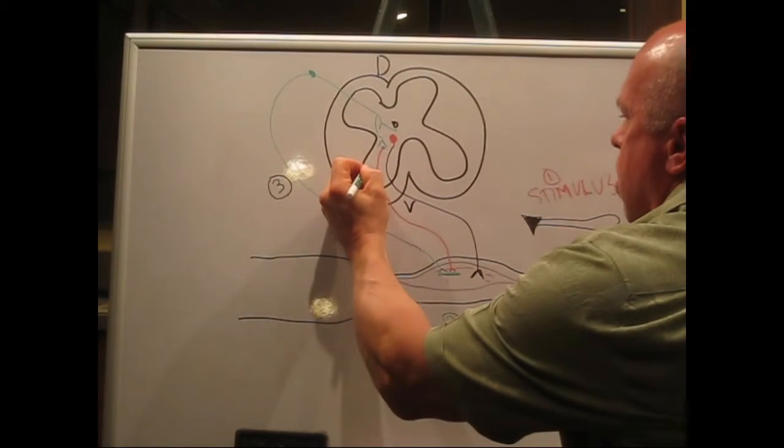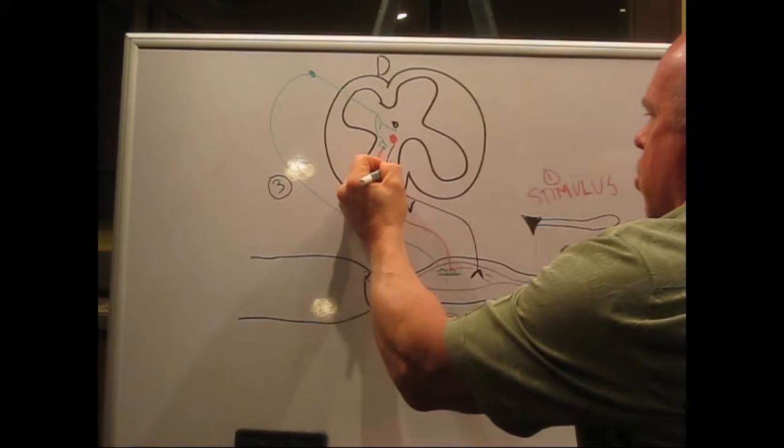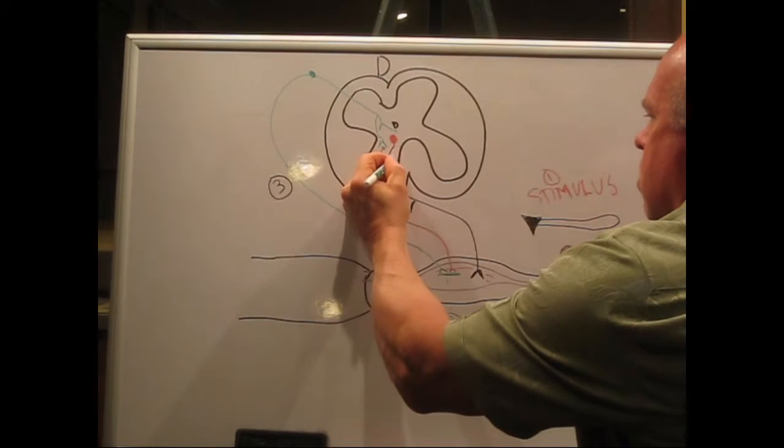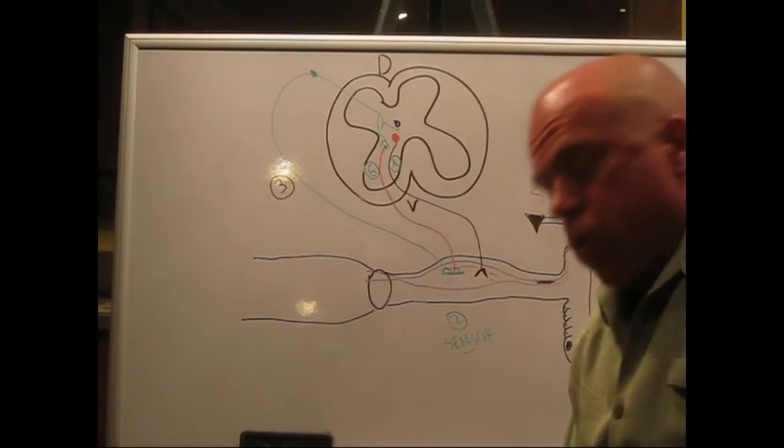Okay, these motor neurons are the gamma motor neurons. These motor neurons that innervate the gastrocnemius are alpha motor neurons, the larger alpha motor neurons.